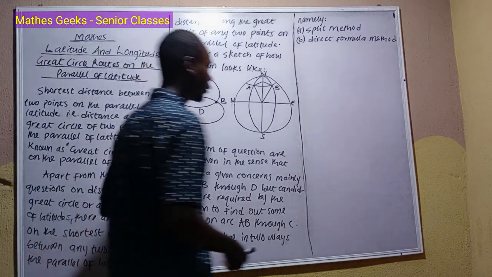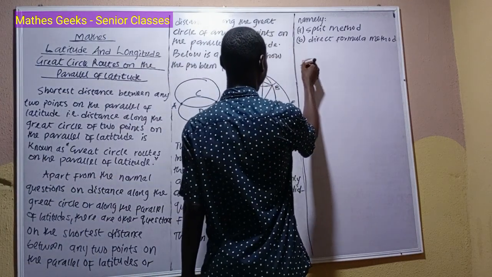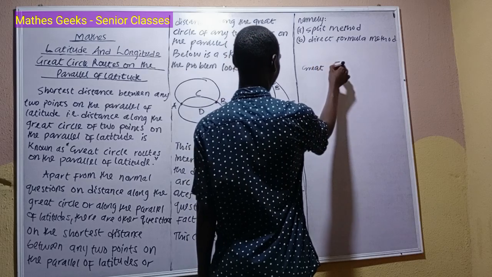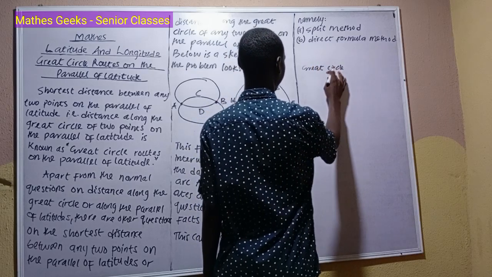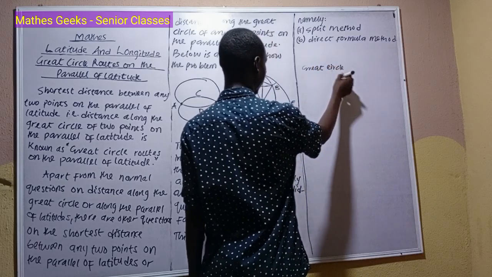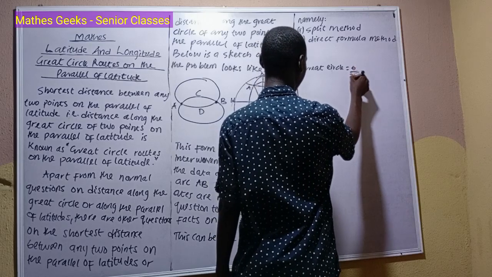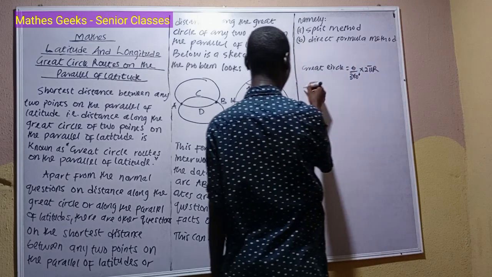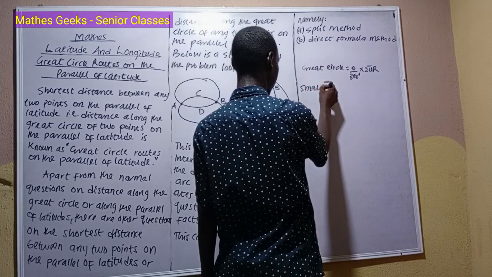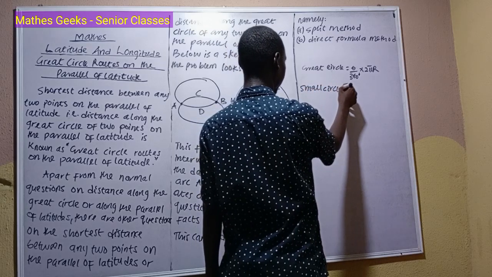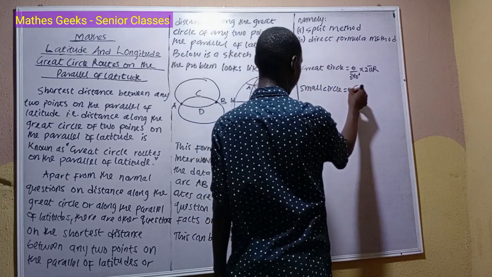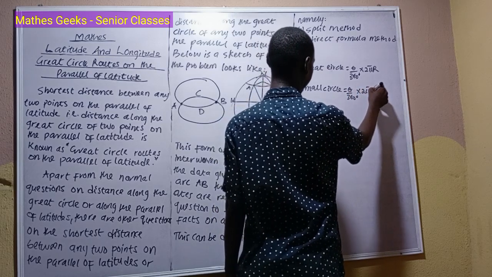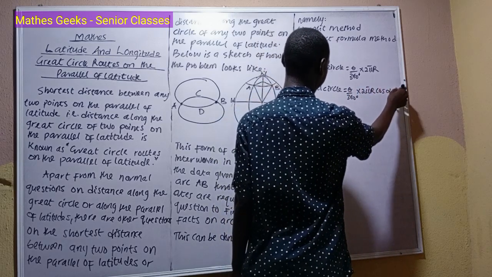So don't forget the formula for great circle, which is simply theta over 360 degrees times 2 pi r, and that of a small circle that lies on the parallel of latitude is equal to theta over 360 degrees times 2 pi r cos alpha.